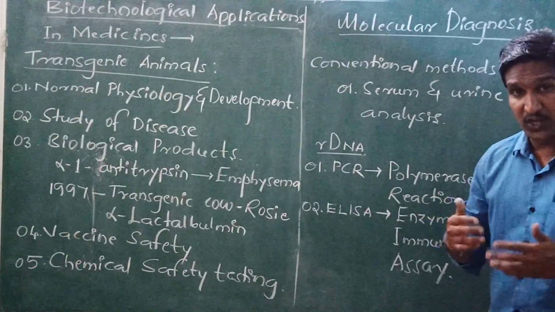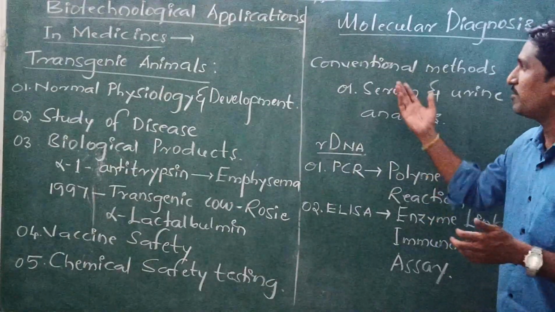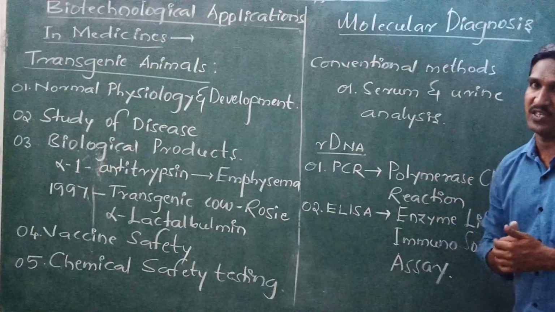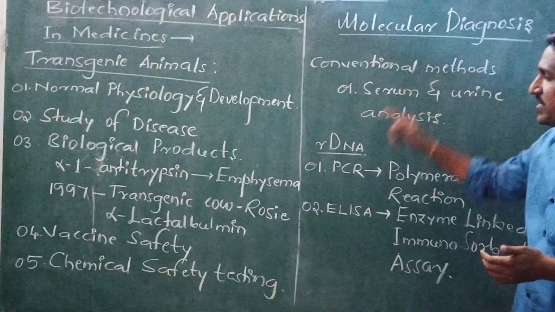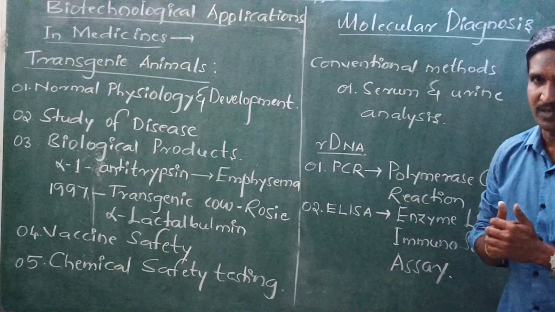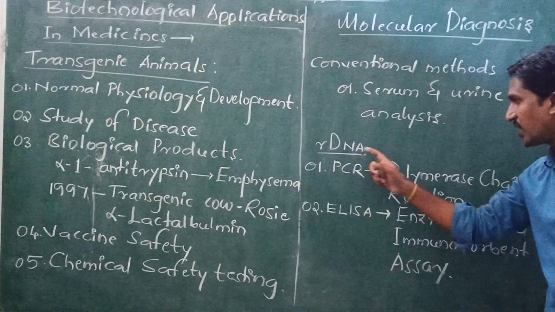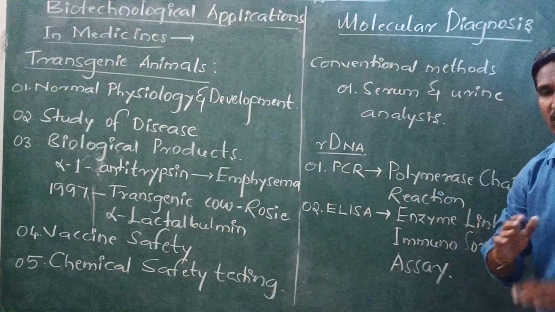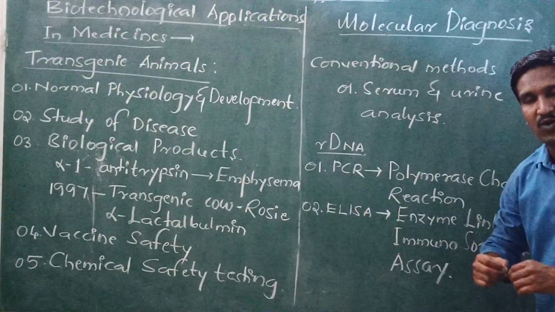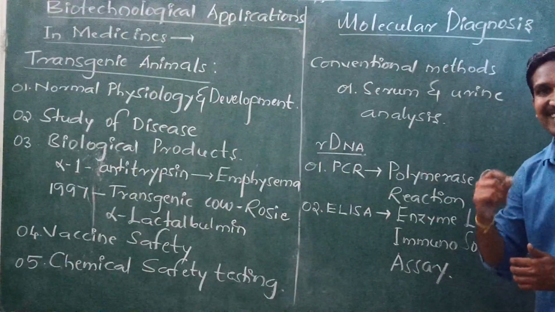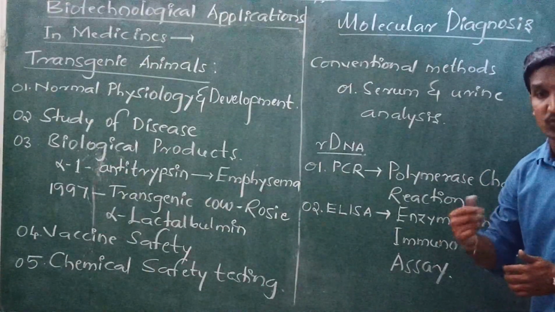So after infection of the disease itself, conventional methods just find out the disease, but in the molecular basis, we find out at the earlier stage and get cure actually. So these are the diagnostics to find out the disease, to diagnose.